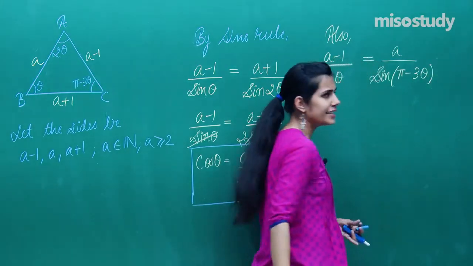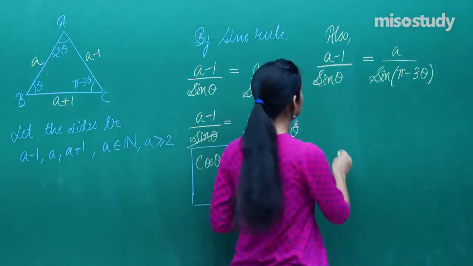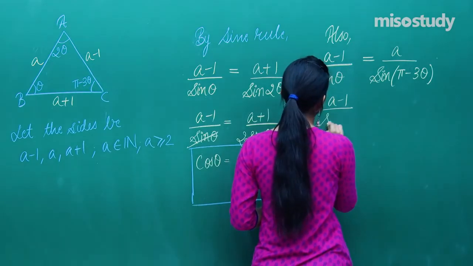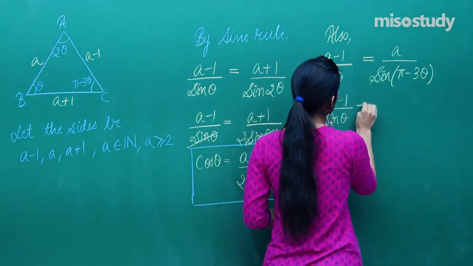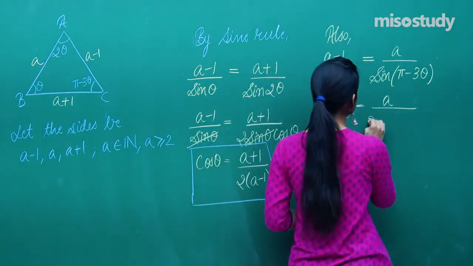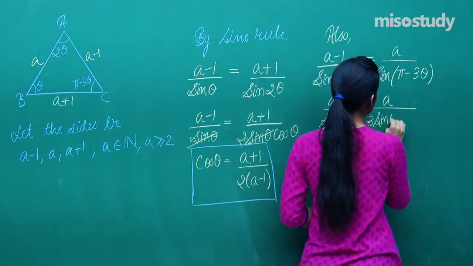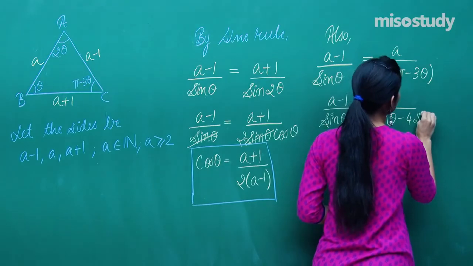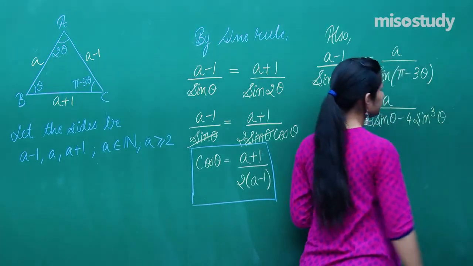But sine of 180 minus theta is the same as sine theta. So this will be a minus 1 upon sine theta is equal to a upon sine of 3 theta, which is 3 sine theta minus 4 sine cube theta.